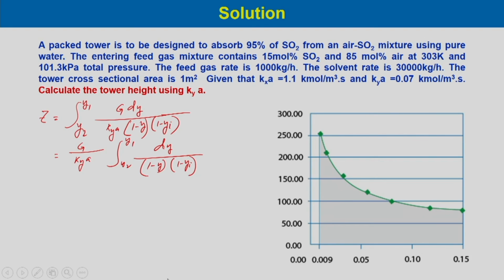Now, if we plot here in this figure, this is the y axis and this is the x axis. The x axis is y and the y axis is 1 by (1 minus y) into (1 minus yi). If we plot with the data with the limits we have for x1, y1 and x2, y2, we can get this graph, and then we can calculate the area under the curve.